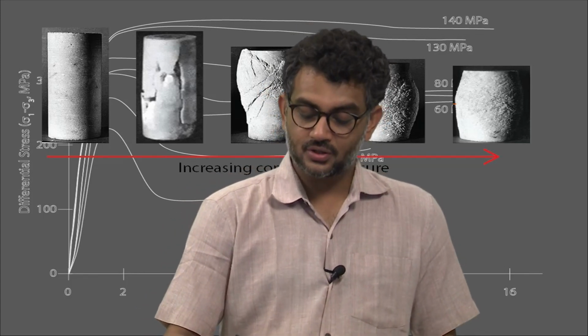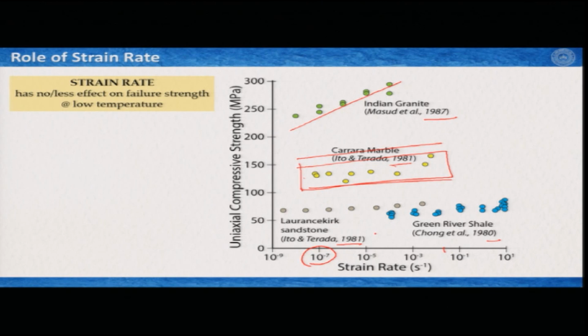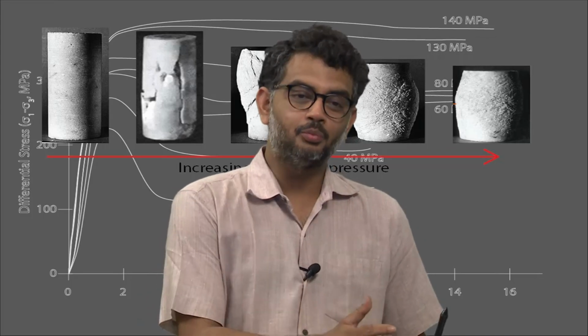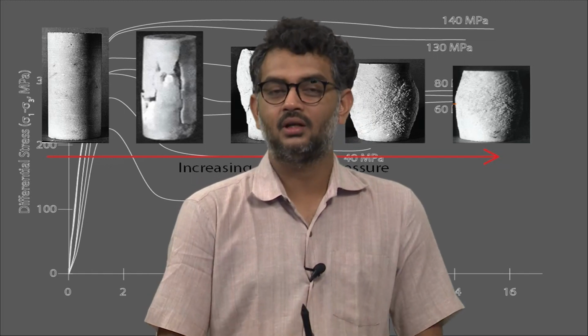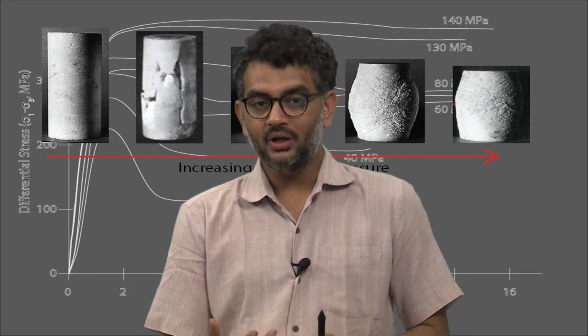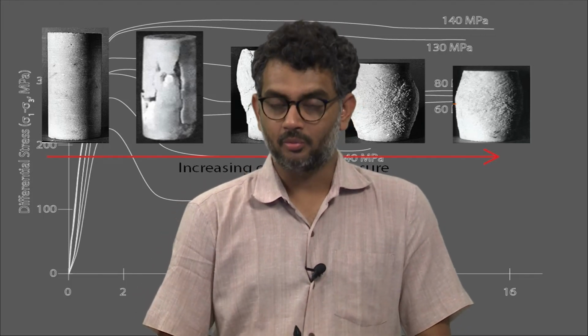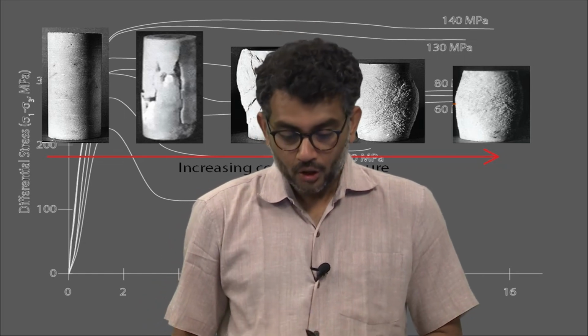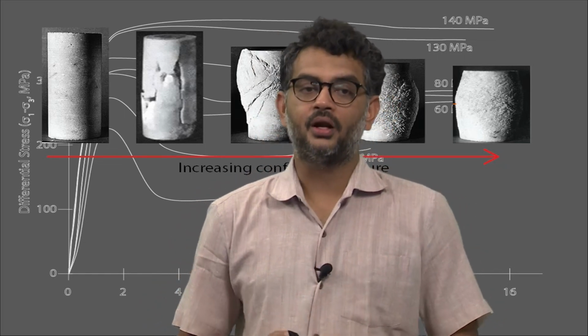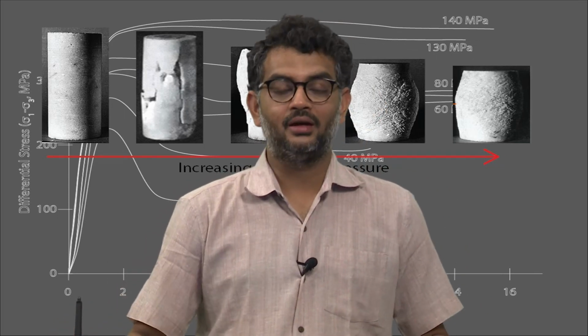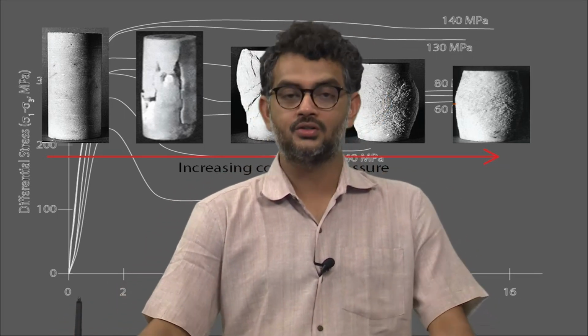But we still see with some granites, for example, this is Indian granite, and this is a kind of shale, the strength increasing slowly, even with Carrara marble, and this is because these rocks are not ideal elastic materials. So, they have some other components of the rheology, maybe viscous, maybe a little bit plastic, and therefore, the strength does increase, but it does not increase the way we saw with the Yule marble in the previous slide.